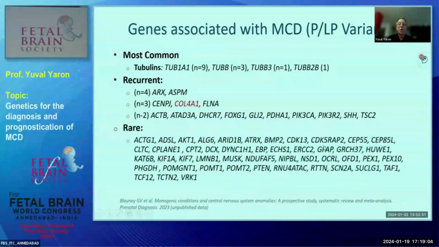And then, of course, there is a long tail of rare genes that are associated with these abnormalities. And one could imagine that this list will continue to grow, and that discoveries of new genes will be facilitated. So it's important to go for whole exome sequencing, particularly when you deal with brain abnormalities, rather than looking at set panels.